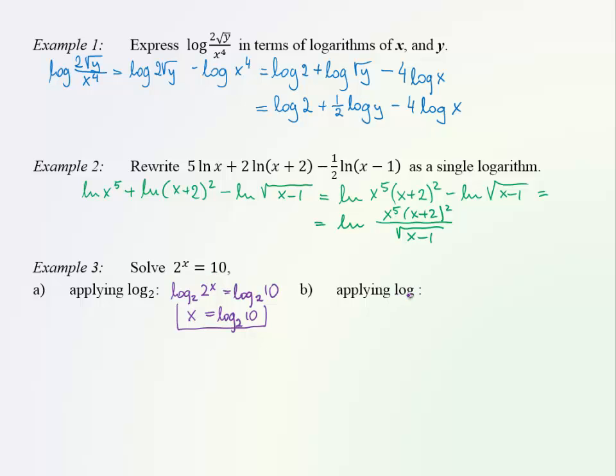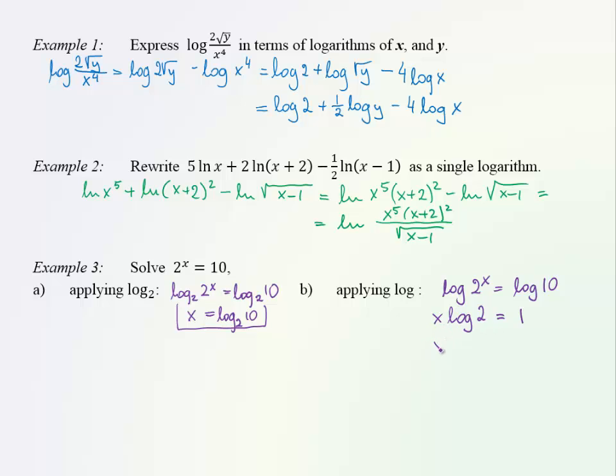How does this work with log? Well, let's see. Log of 2 to the x equals log of 10. Oh, so this time we have the advantage on the right hand side because log of 10 is easy to evaluate. This is simply 1, because 10 to the 1 is 10, right? However, on the left hand side we can drop the exponent out of the log and then we have just x log 2.